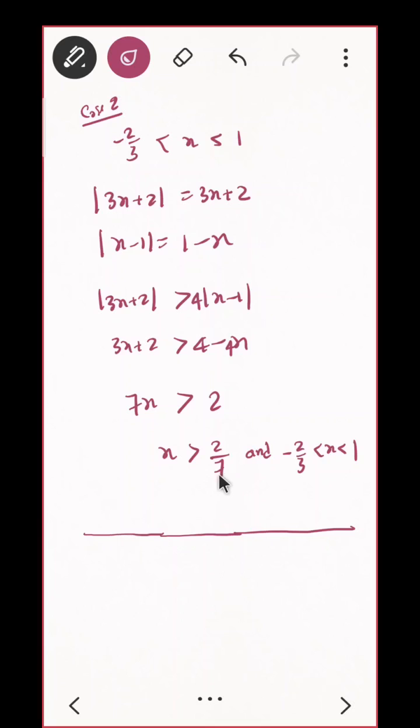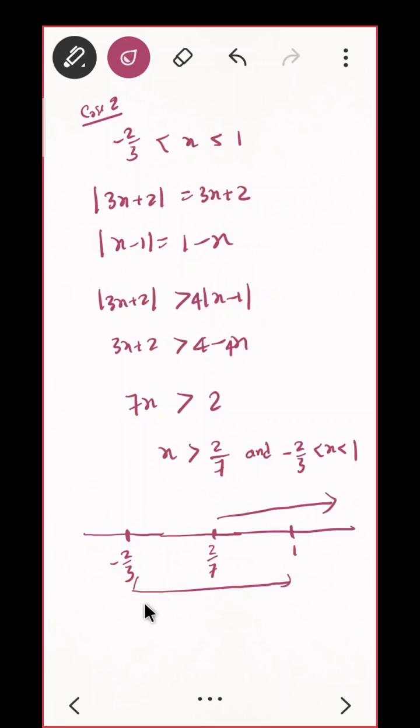What do you think? 2 by 7 and 1, let's place first. Minus 2 by 3 will be here. 1 will be somewhere here. Correct? And 2 by 7 will be somewhere here. Is that clear? So this guy is telling me go this side. Correct? And what this guy is saying, it is between this and this.